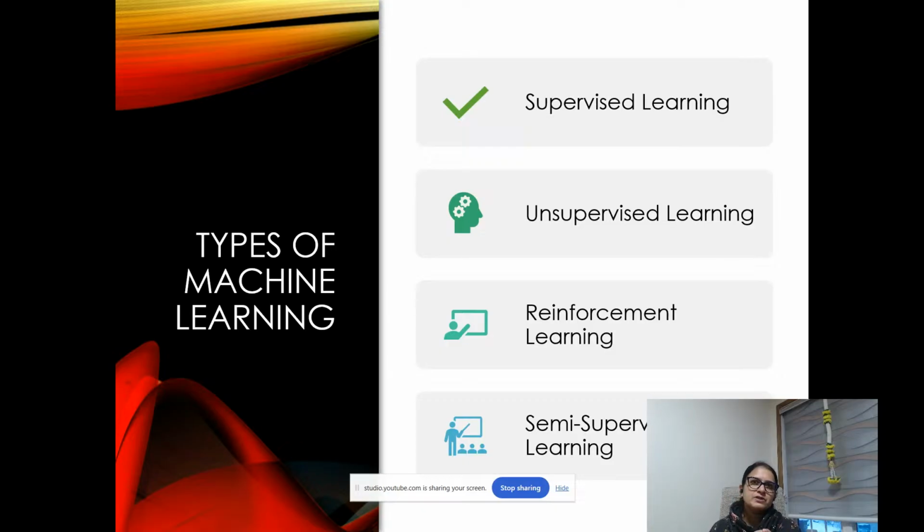Why am I giving you the theoretical knowledge first? Because I am going to use these buzzwords or terms again and again throughout the course. If this is not clear to you, you won't be able to have a deep understanding of machine learning. This is the most important part, but right now you don't need to worry about how you will implement it, because you are going to learn a lot and do many projects throughout the course.